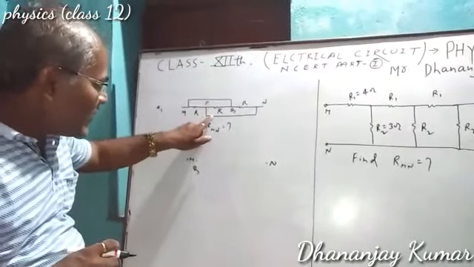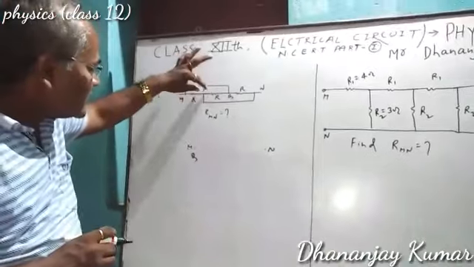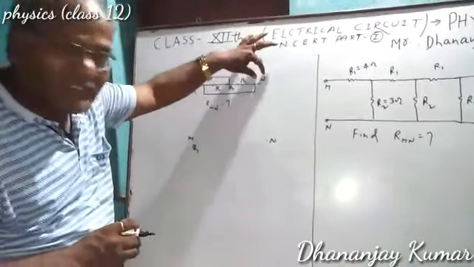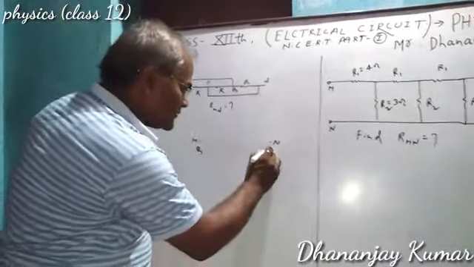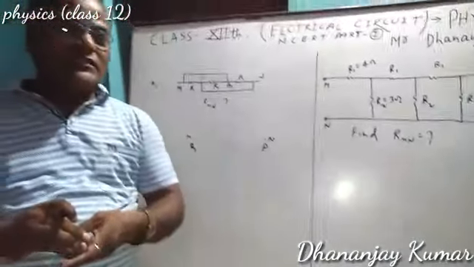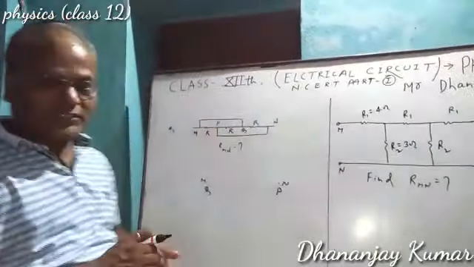Similarly, this wire has no resistance, but it is connected between P and N, and so P and N will be a common point. And now we make the new electrical circuit according to the given question.